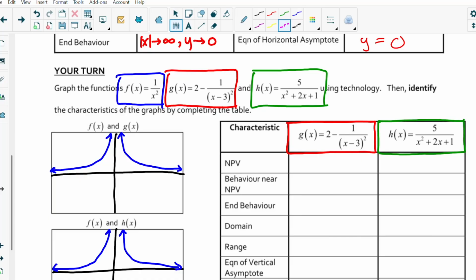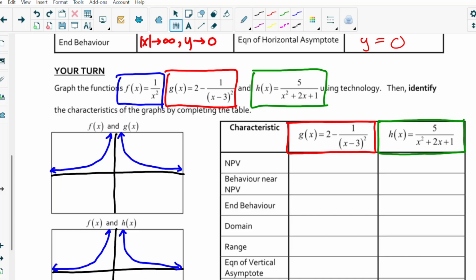All right, and then when I graph the red one, I'm going to sketch in my asymptotes here. For g of x, I have a vertical asymptote at x equals 3 and a horizontal asymptote at y equals 2, because of my h and k values.